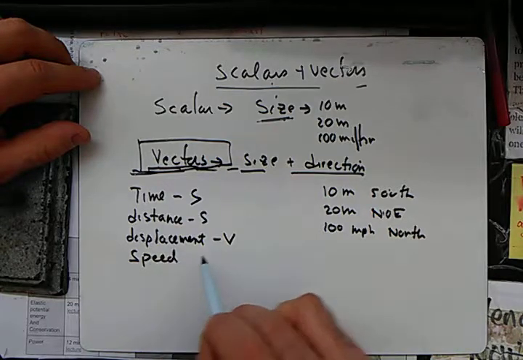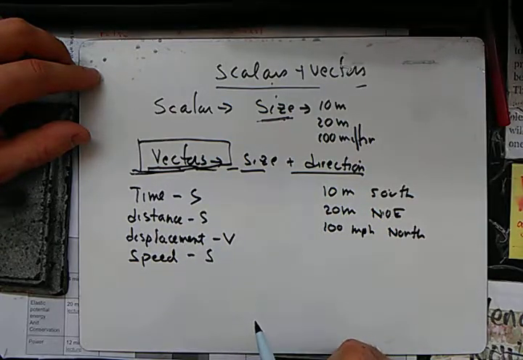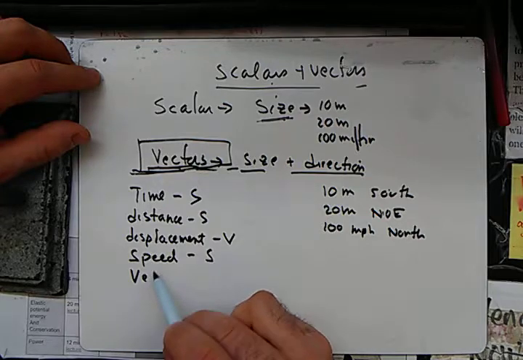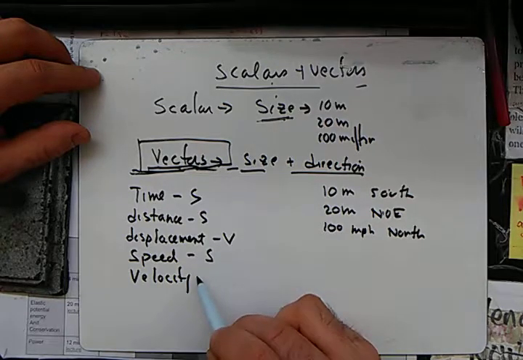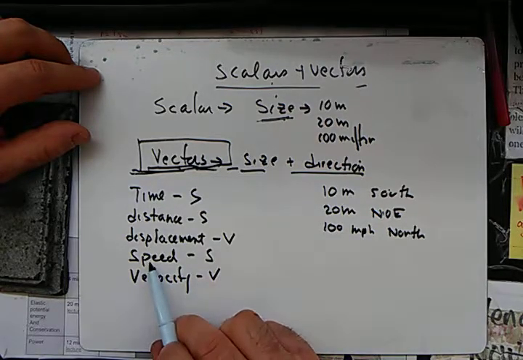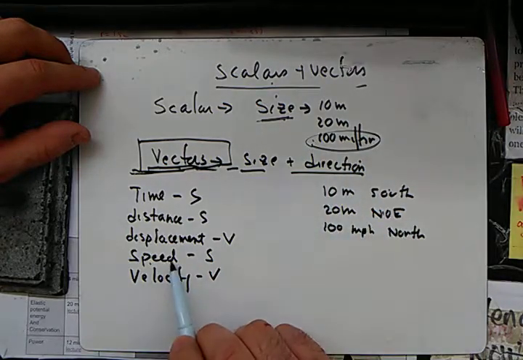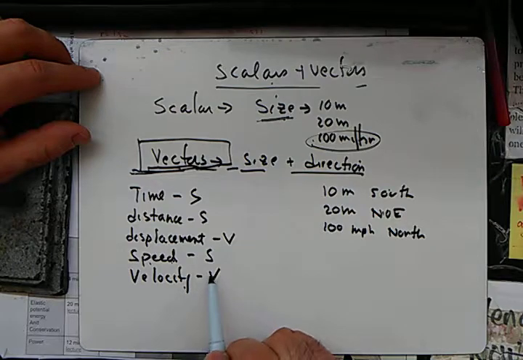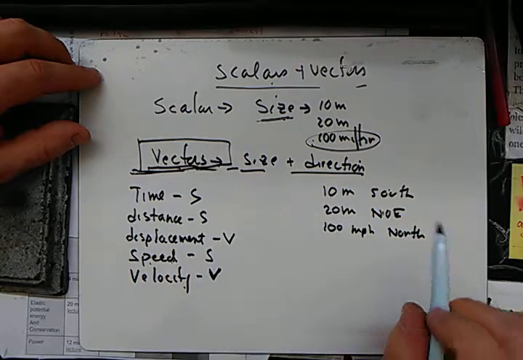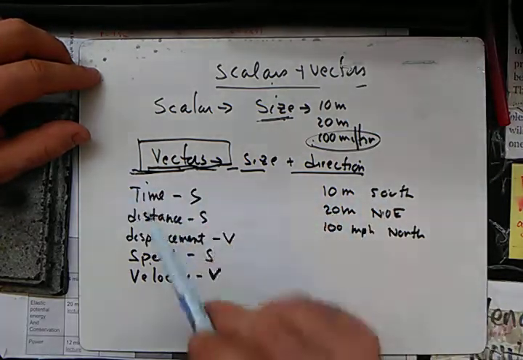Speed is a scalar. Velocity is a vector. So speed gives us how fast it's going, but it doesn't give us anything about direction. Velocity does give us direction. So you might have to commit these to memory.